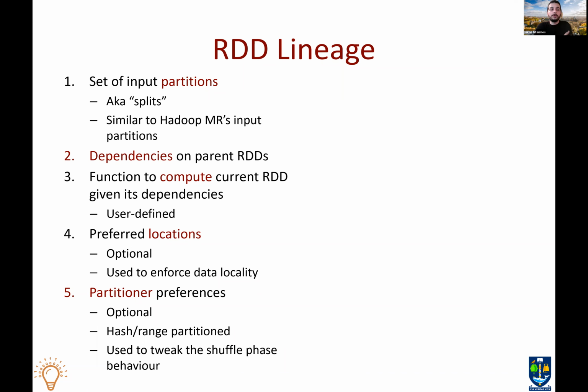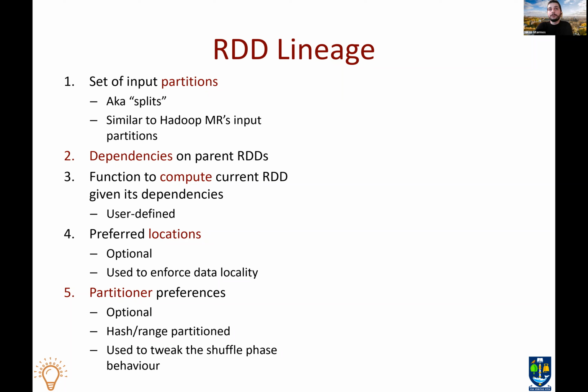We need to know where it lives, where it begins, where it ends, right? If we're talking about an RDD built on an HDFS file, then the source is the HDFS file name, and then the split is which block and which offset in the block is the beginning of the split, and which block and which offset in the block is the end of the split, right?